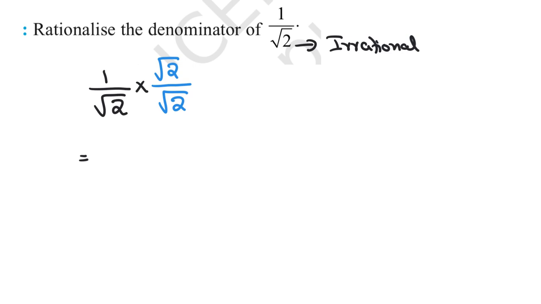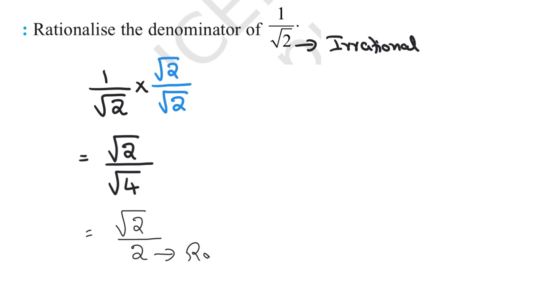Multiply the numerators. 1 times root 2 is root 2 over square root 2 times square root 2 is square root 4. So square root 2 divided by square root 4 is 2. So now is this a rational number? Yes. So have we rationalized the denominator? So this is how you rationalize a denominator where the denominator is only a single irrational number.